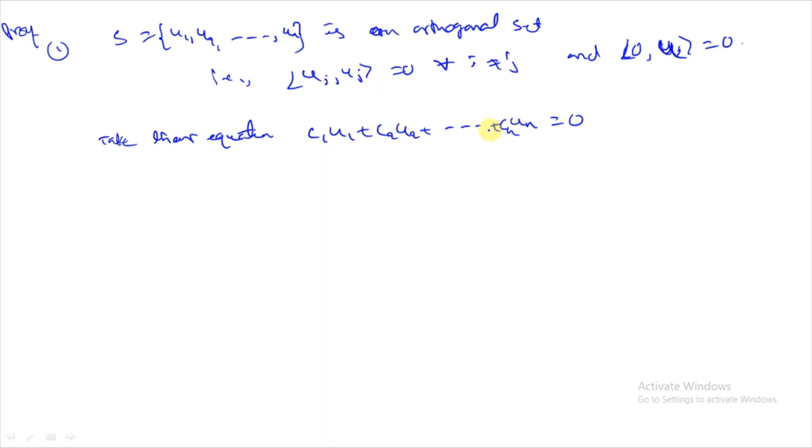If all of C1, C2, ..., Cn are 0, then the set is linearly independent. If at least one is non-zero, it's not linearly independent, that means linearly dependent. So I'm taking this linear combination equal to 0.